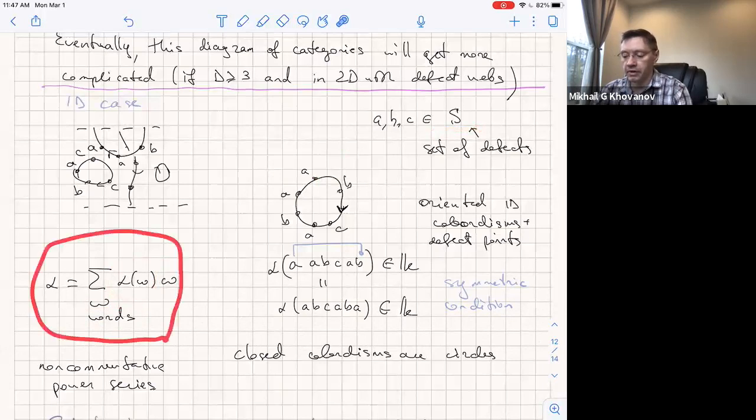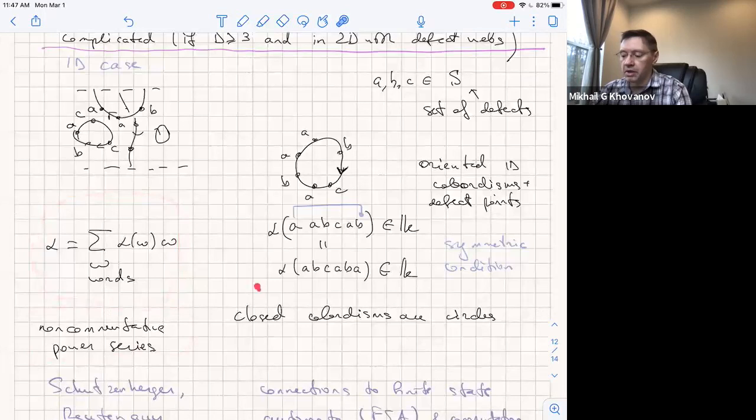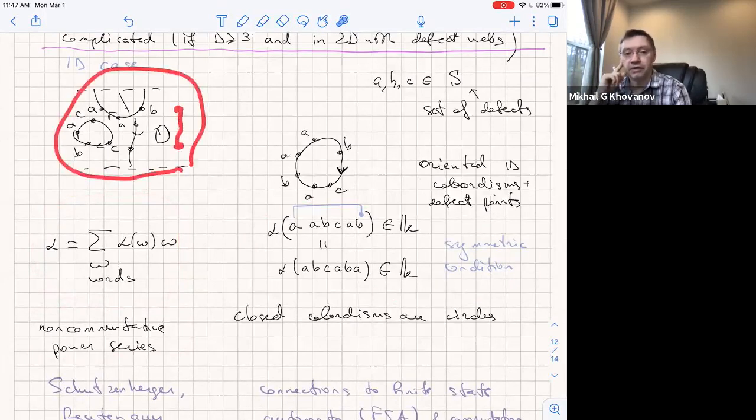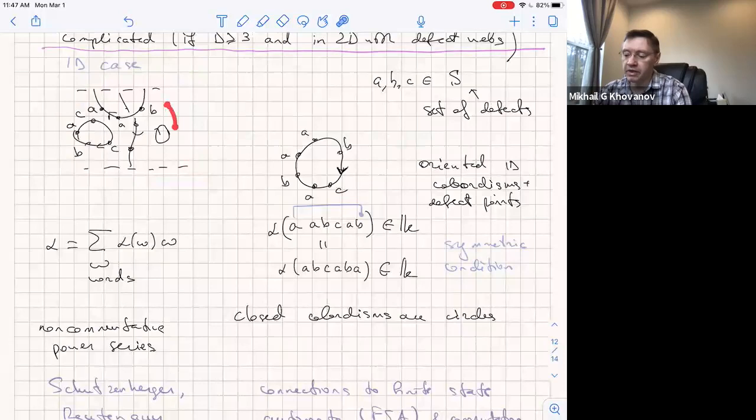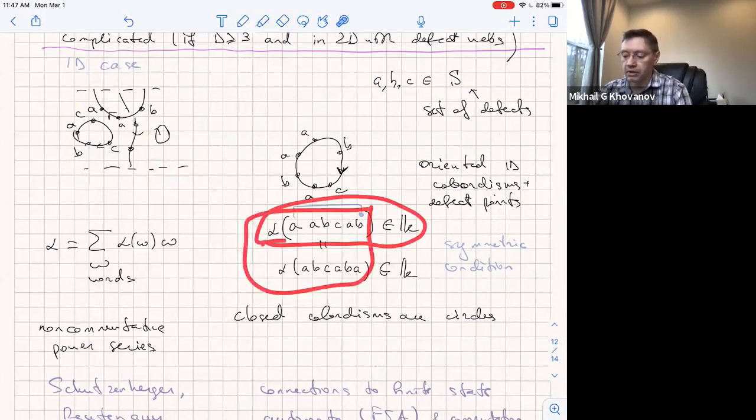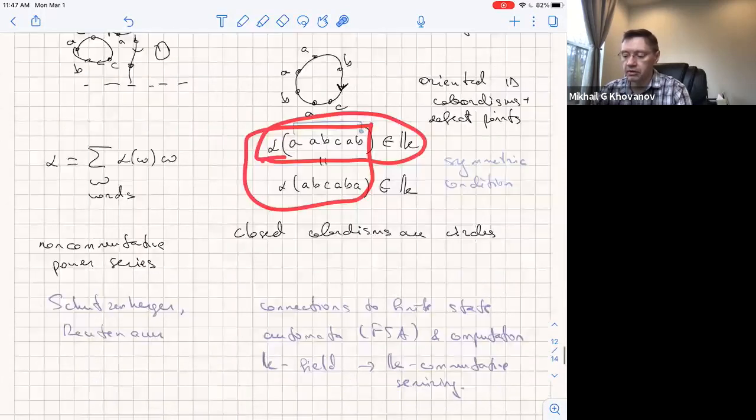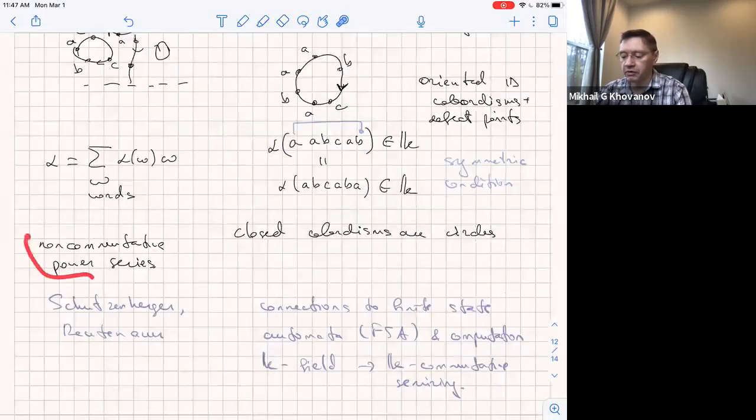This is known as a non-commutative power series. In our example it's symmetric, but it's easy to modify the story by adding defect intervals, cobordisms that can end in the middle, to dispense with the symmetry condition. But in this case, you get into the theory of non-commutative power series.